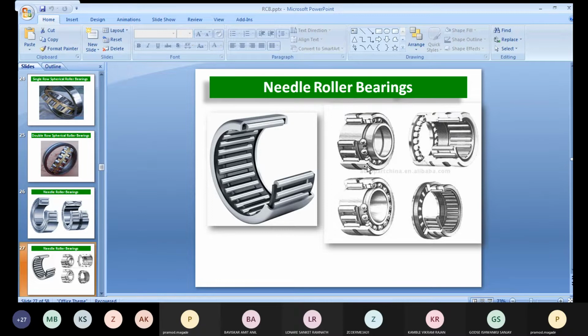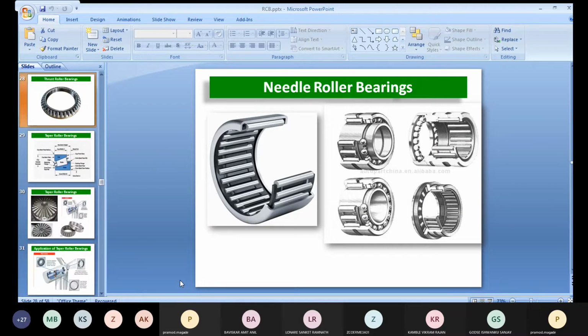It will take a maximum load many times. So instead of a double needle bearing, you can use balls also, because maximum load can be taken by the roller. We use it in this way too. So this is the needle roller bearing.